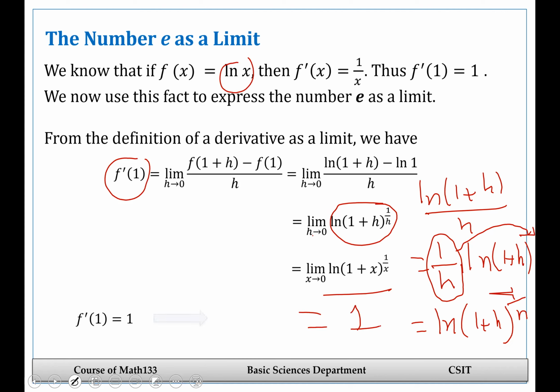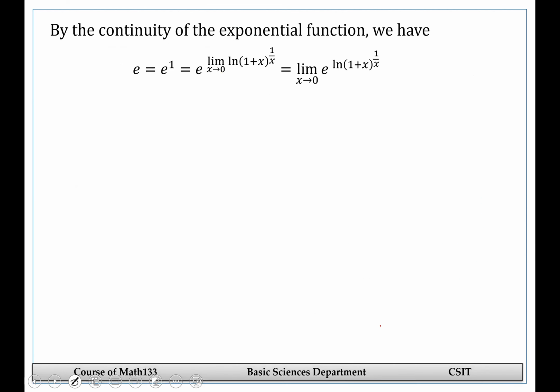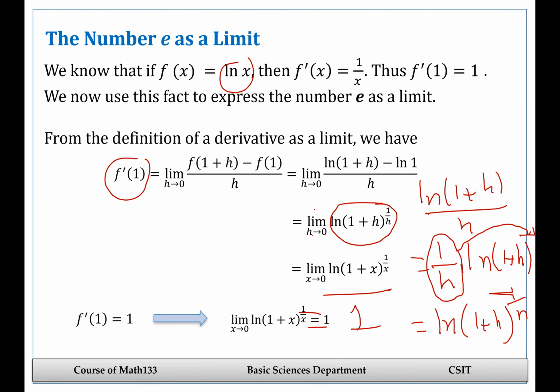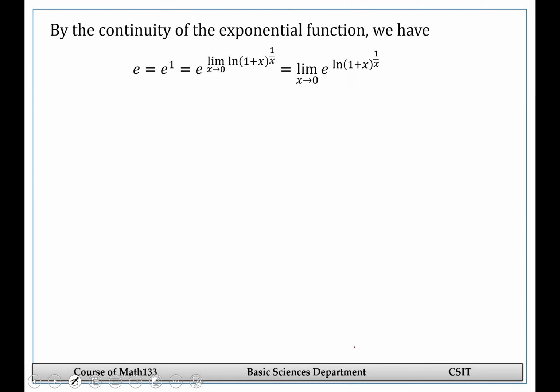Okay, so this allows a conclusion for the e number. So when we take the exponential of the last equality, when we take e here and e here, we will get e power 1, which is e, the number e, equal to e of the limit, and e of the limit is the limit of e.